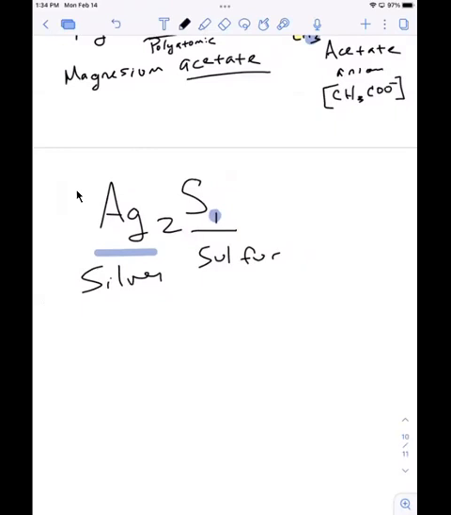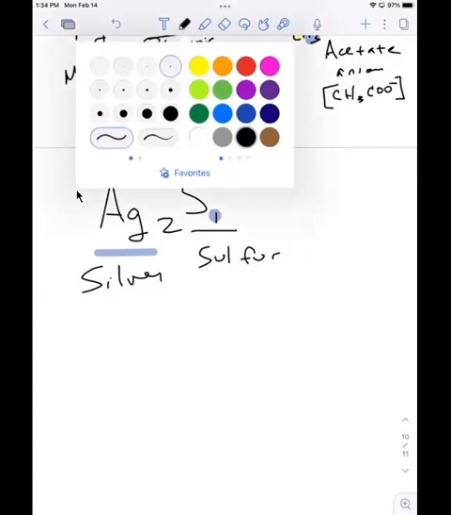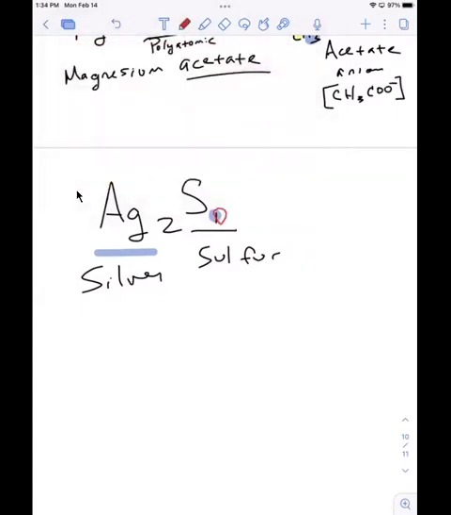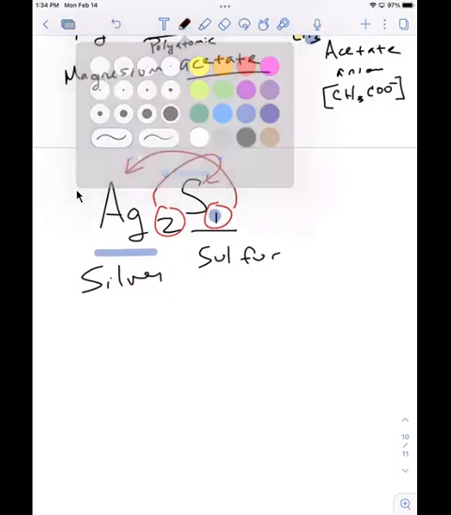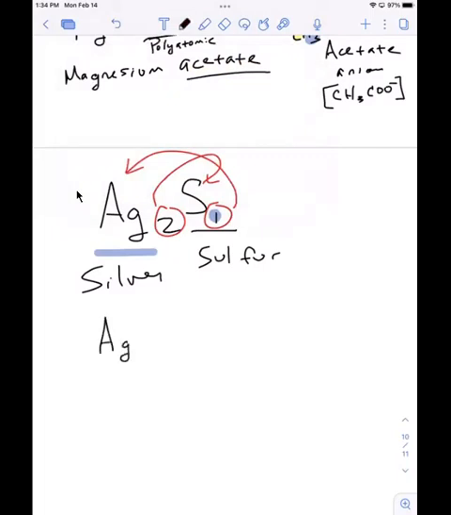When you do that, the numbers end up superscripted. Do they switch? They do switch. So what would the charge be on silver? +1. Excellent. And then on sulfur is going to be what? By default, -2, yes. By default, it's got to be negative if the silver is positive.